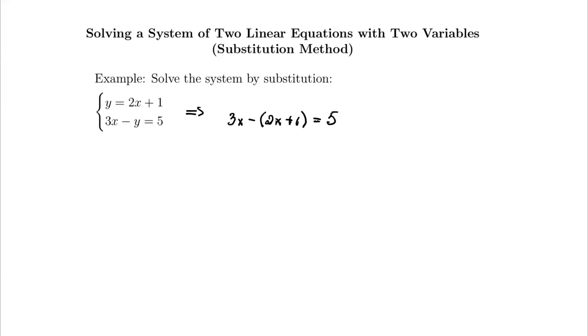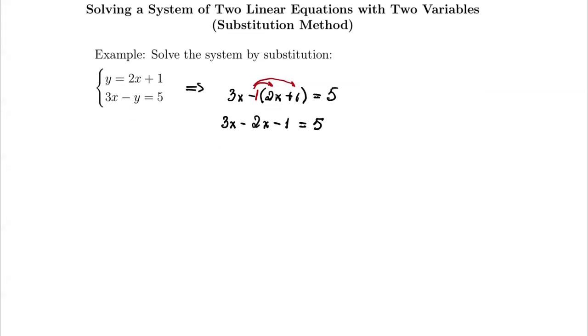So distribute -1. We have -1 in front of the parentheses, so we multiply the -1 by 2x and -1 by 1 here. And we get 3x - 2x - 1 = 5.